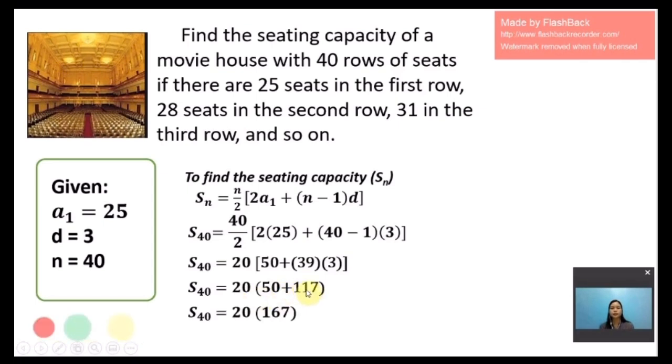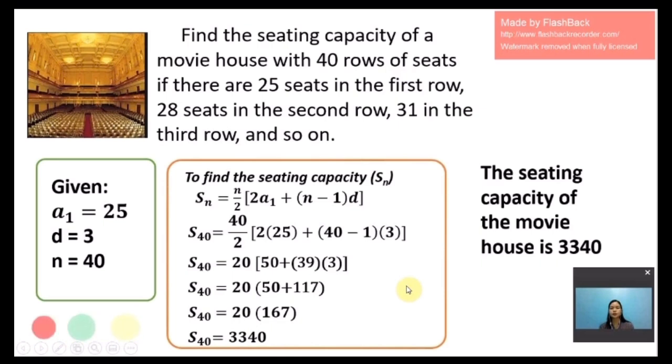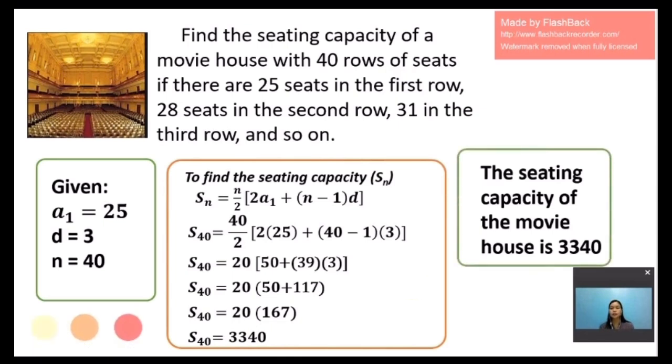Then 50 plus 117 is 167 times 20 is 3,340. So therefore, the seating capacity of the movie house is about 3,340. So this is another real-life application of arithmetic series.